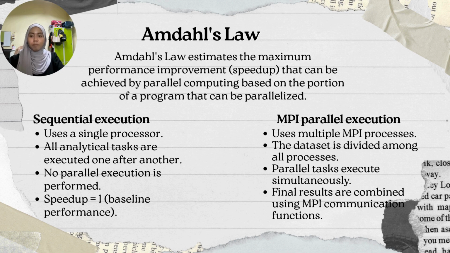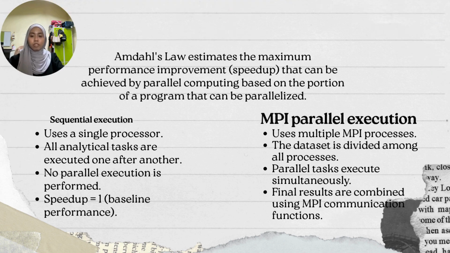For MPI, the dataset is divided using MPI_Scatter. Each process computes basic statistics, histogram, sorting, moving average, Pearson correlation, and outlier detection. Results are combined using MPI_Reduce and MPI_Gather.